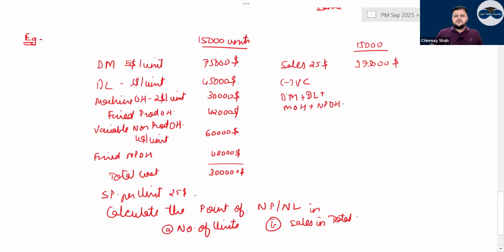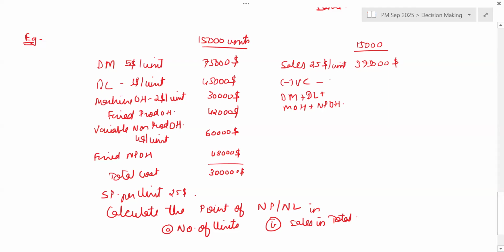So plus non-production overhead. All total is how much per unit? 5 plus 3 plus 2, कितना होगा रे? 10, 14. ठीक है.